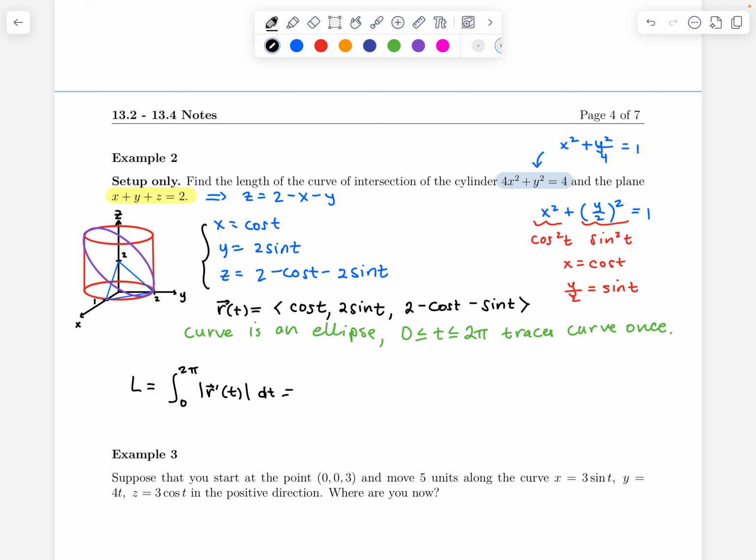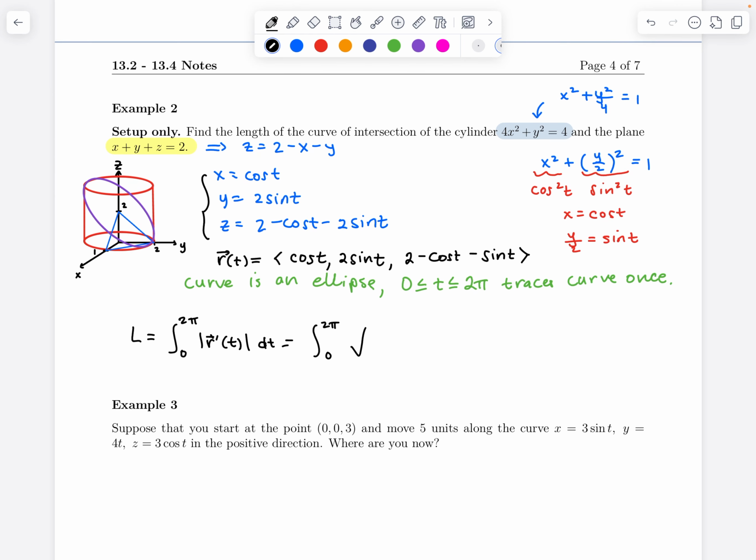So I'm going to go ahead and figure out what r prime of t is at the same time that I substitute in for its magnitude. We know that when we are computing this quantity, it's going to be whatever the x component of r prime is squared plus the y component squared plus the z component squared. And so I will do that all sort of at once. You can certainly write out r prime of t separately.